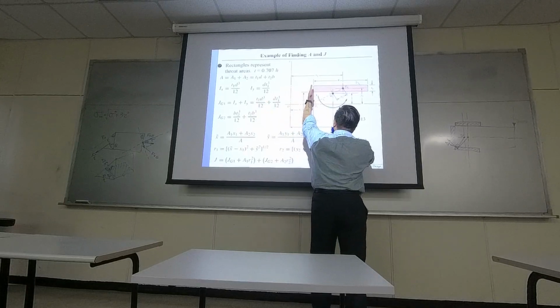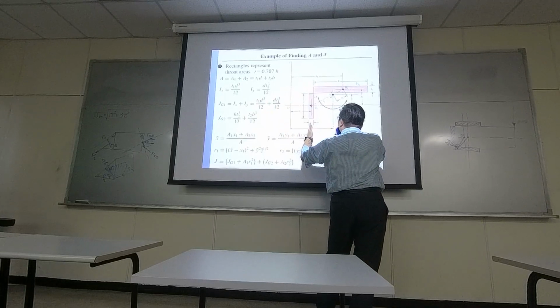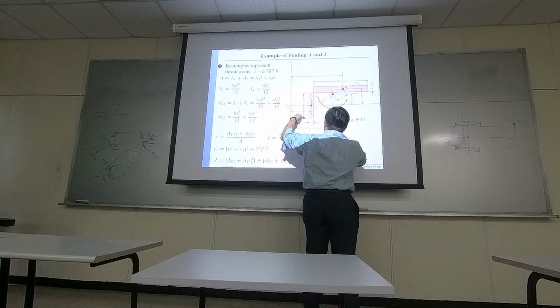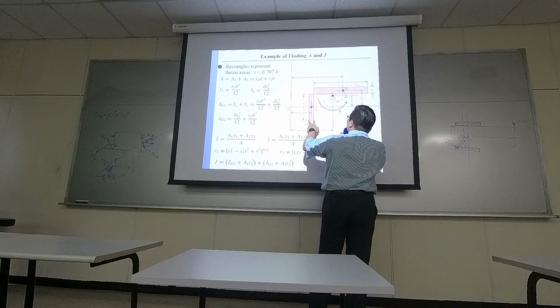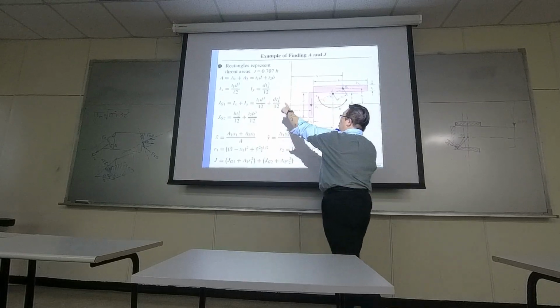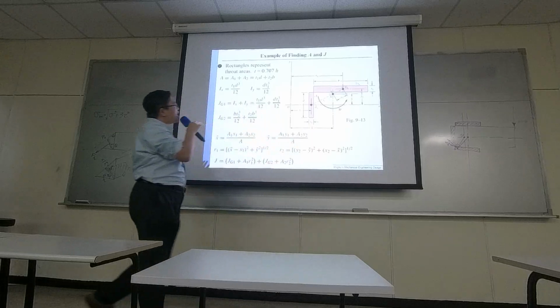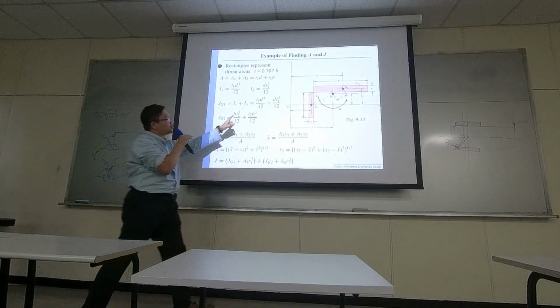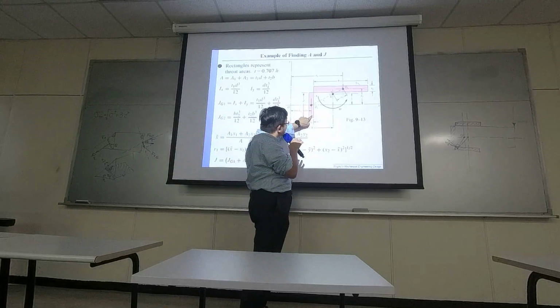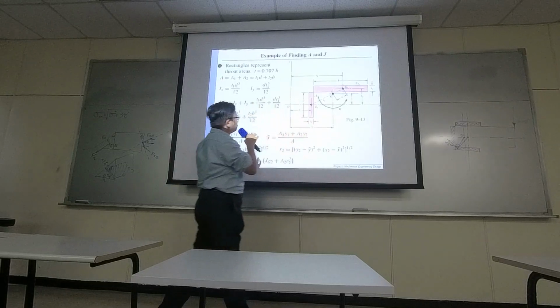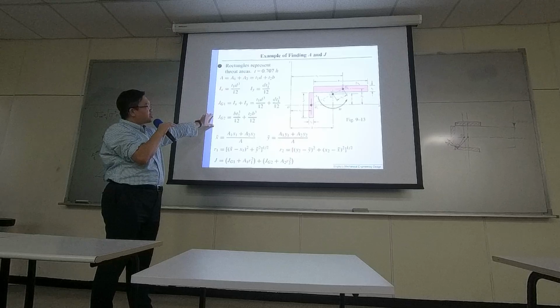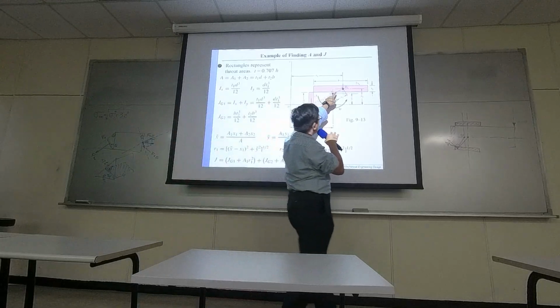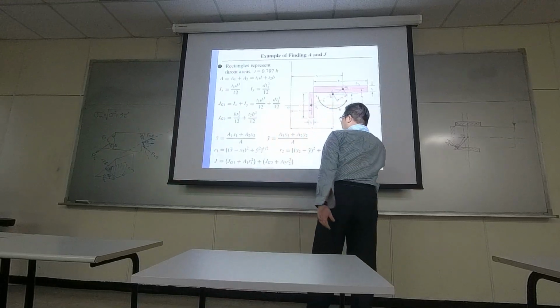But if you are talking about Iy, then it's D times T1 cubed over 12. Once you have Ix and Iy, sum them up, you have J. So that's the J of this particular area. Similarly, you can compute the J for the second area.